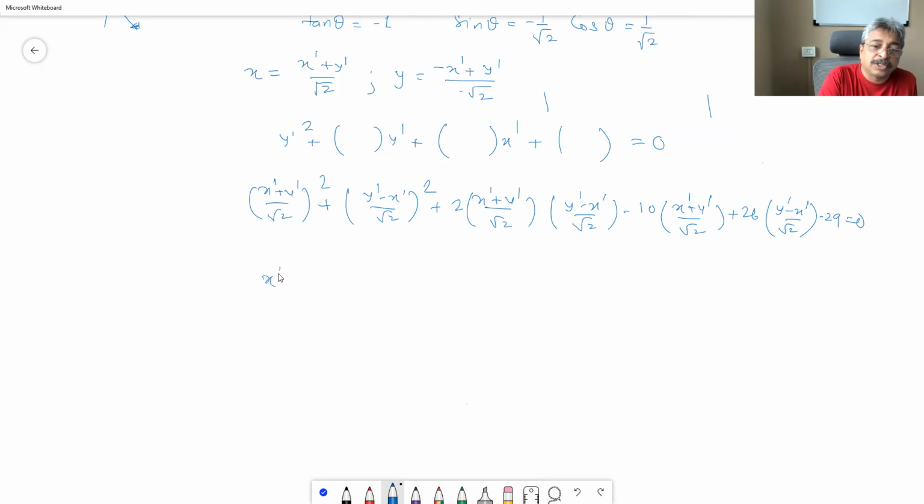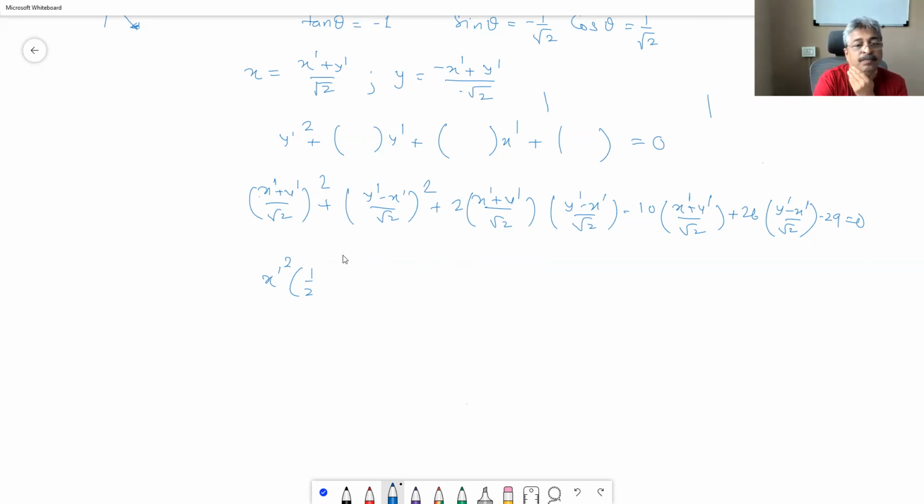Coefficient of x dash square: here it is 1 upon 2, then this into this, that is minus 2 upon 2, that is 1.